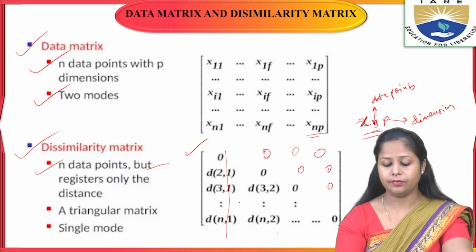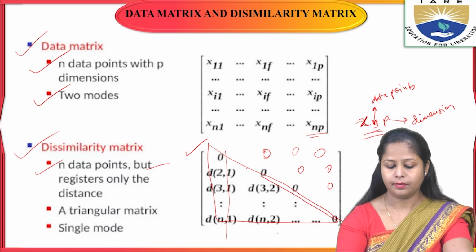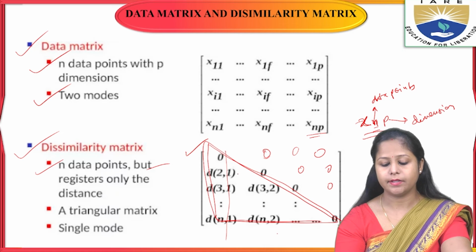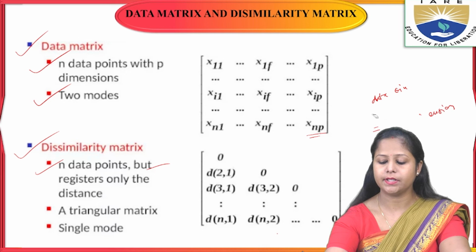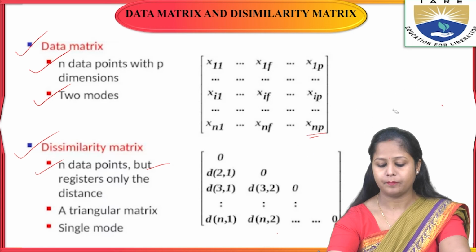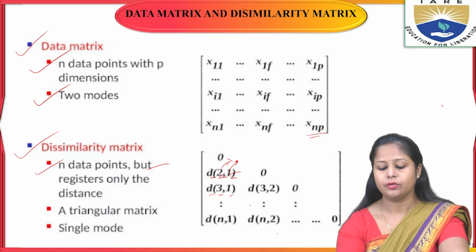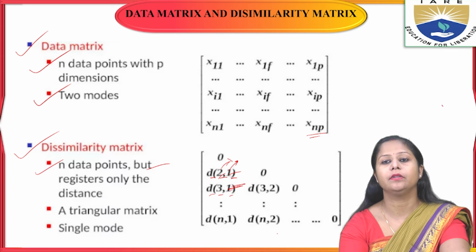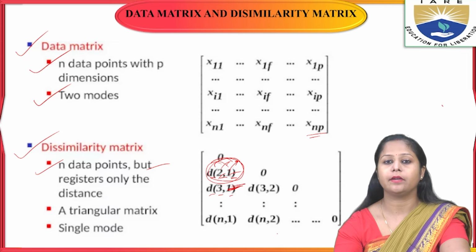So here we are having the triangular matrix, that is nothing but the representation of the dissimilarity matrix. So here we are having D21, D31, like that. This is having the distance, 2 distance, 1 distance. So we need to calculate the distance between both. So that will be the point, the dissimilarity.